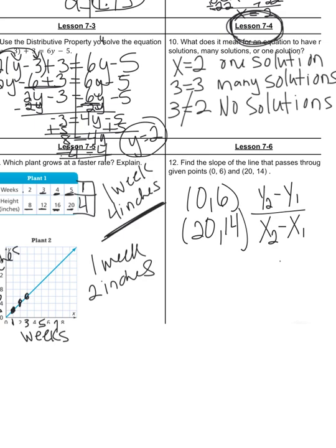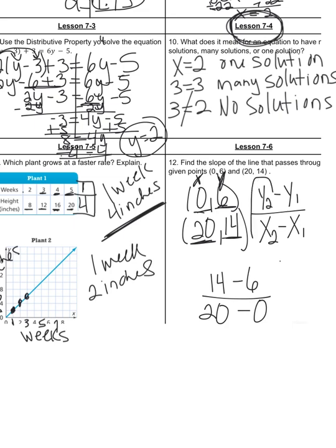So here is my x's and here's my y's. Y is 6 and 14, but I want y in my second group. So I'm going to do 14 minus my 6 divided by x in my second group minus 0, x in my first group.